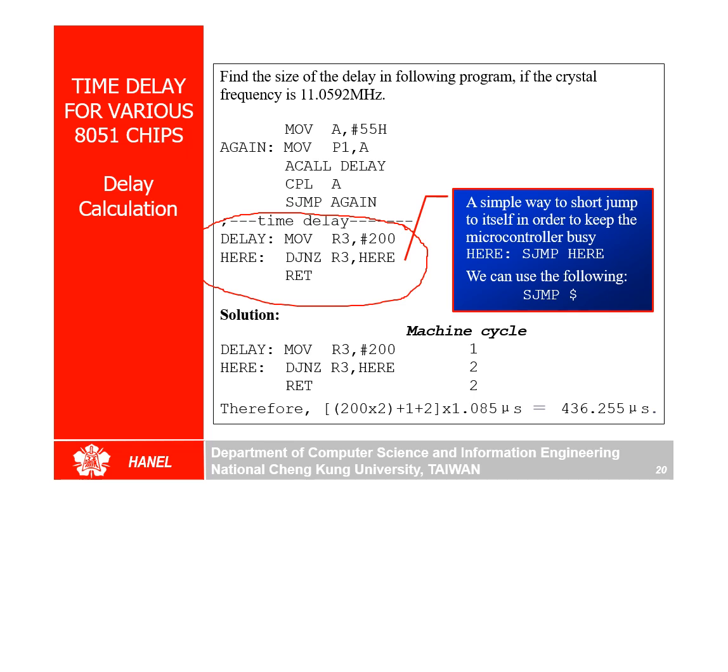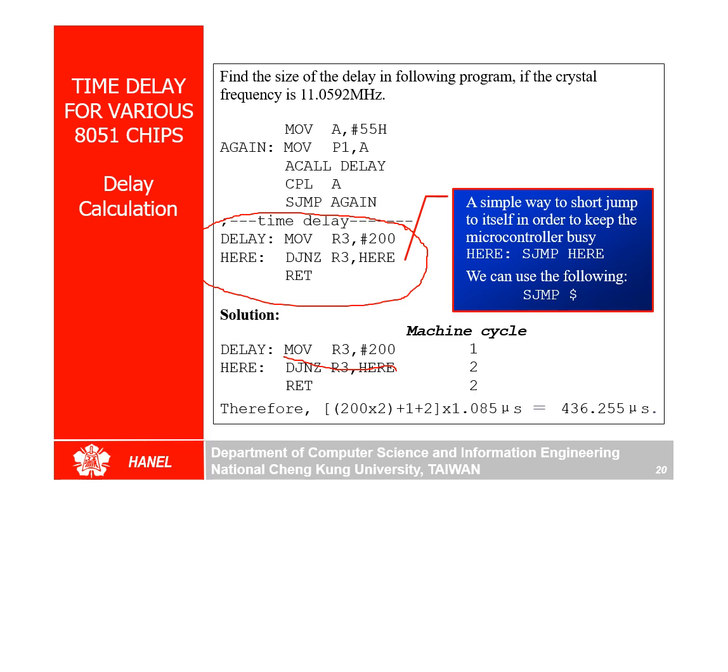In the exam, when a program is given, the machine cycles will be given. MOV R3, #200 needs one machine cycle. The other instructions need two machine cycles. The DJNZ R3 instruction needs two machine cycles, and it will be repeated 200 times.